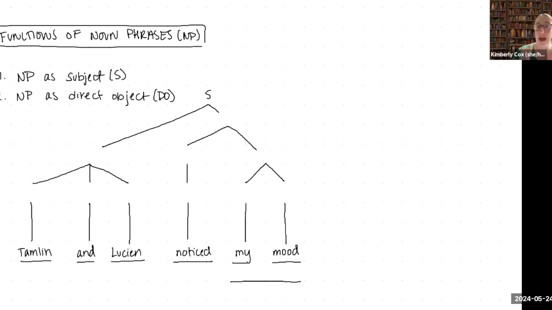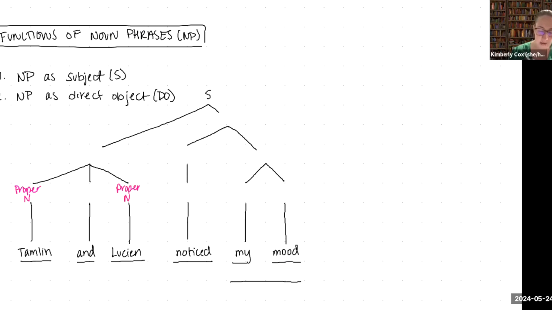We're going to start by talking about the form of each of these words, and then we'll finish by talking about the function. Okay. So Tamlin, hopefully everybody remembers, would be a proper noun, just like Lucian would be a proper noun.